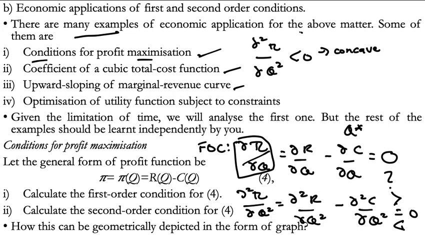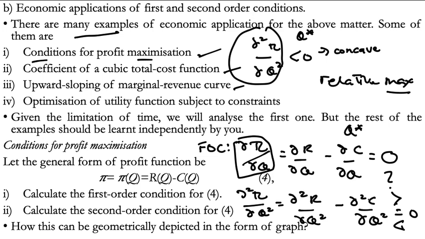So at a particular Q star, we have a relative maximum, because it's logical: in profit maximization, we must have a maximum point. If it is not, there's something wrong with the calculation because you are maximizing profit. Unless you talk about a cost function, where you are minimizing cost, perhaps this one will be more than 0, and then we have convexity, and then we have a minimum point.